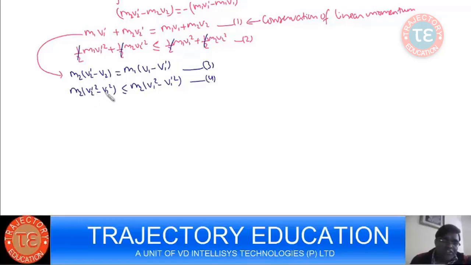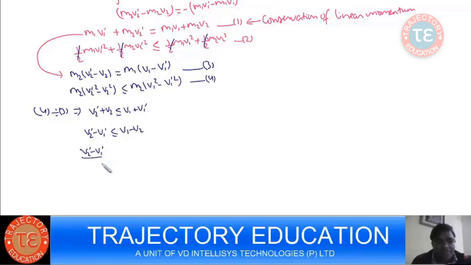Now v2 dash is obviously greater than v2, and v1 is greater than v1 dash. So if I take the division, I can write v2 dash minus v1 dash is less than or equal to v1 minus v2, or (v2 dash minus v1 dash) divided by (v1 minus v2) is less than or equal to 1. So how much will this be less than 1?